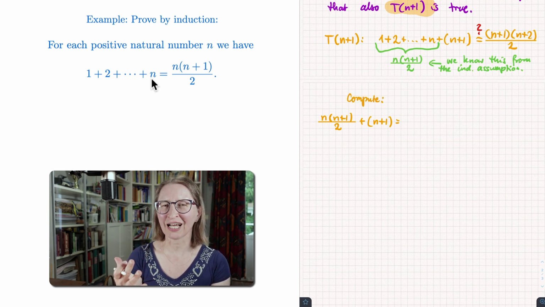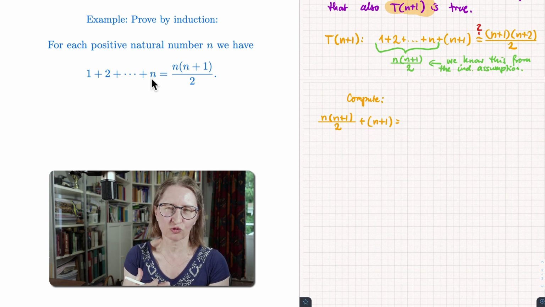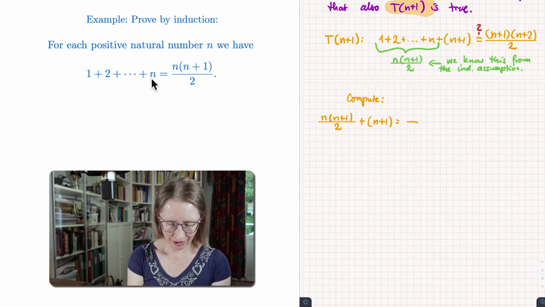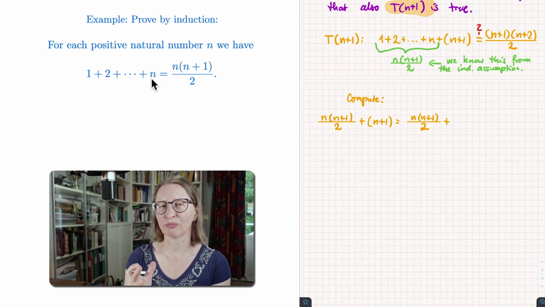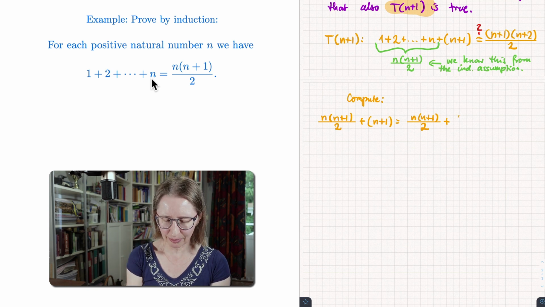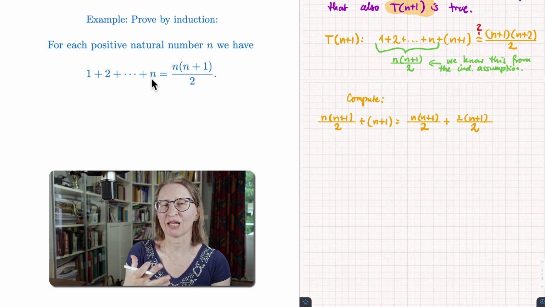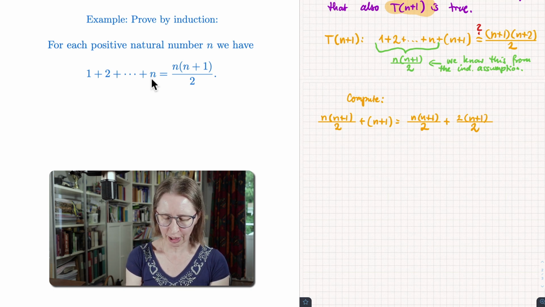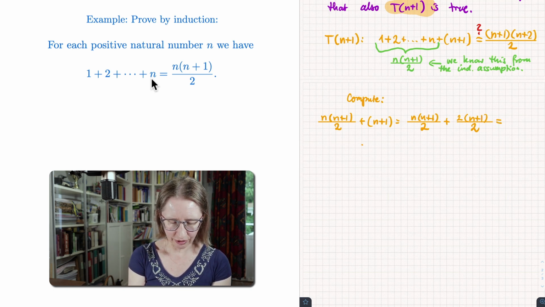So we have to find a common denominator, which is of course 2, right? We have denominator 2 in this first fraction. And in this second number we have no denominator. Well, but we can create it, right? By multiplying our number by 2 and dividing it by 2. It is the same, it is still n plus 1, right? But now we can put together these two fractions.